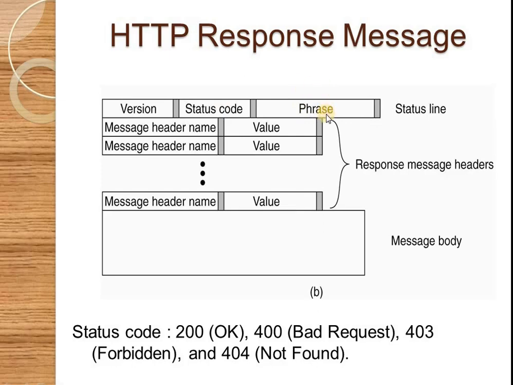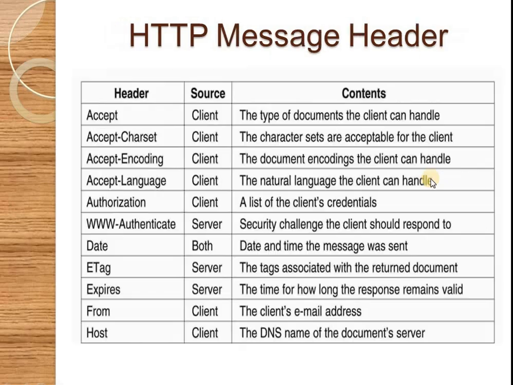For example, status code 200 indicates OK, 400 bad request, and so on. A request or response message may contain additional headers. So in this way, the response message is executed.